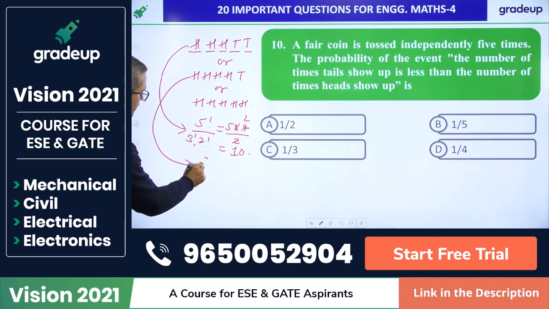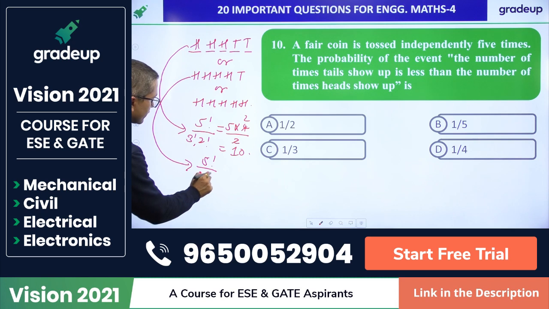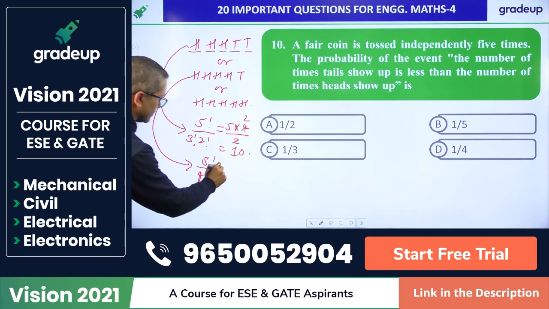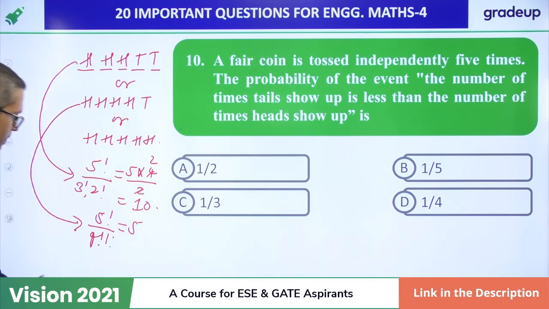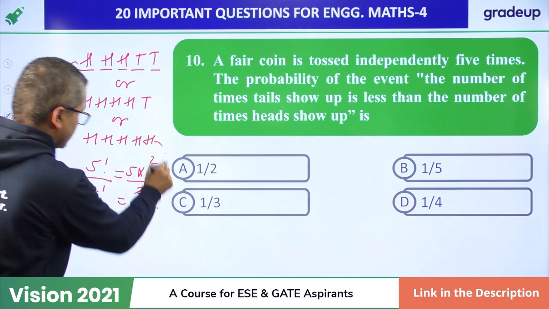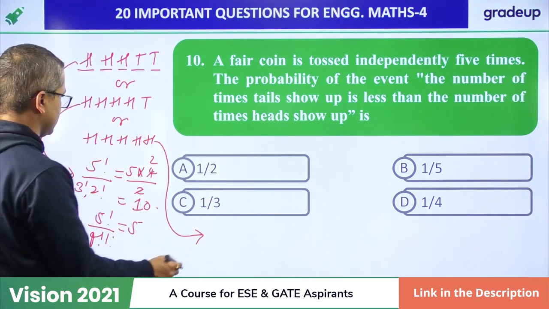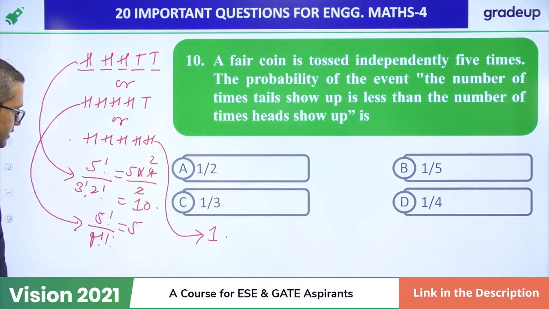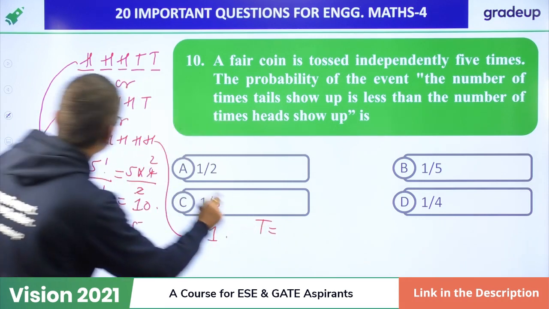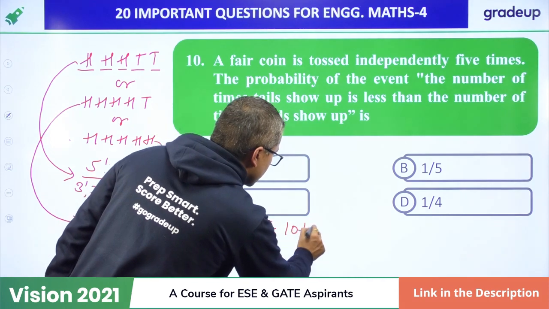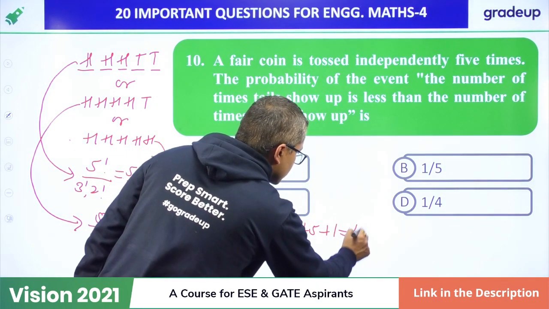Similarly for 4 heads and 1 tail, 5 factorial upon 4 factorial into 1 factorial, which is 5. For all heads there is just one way. So the total number of ways is 10 plus 5 plus 1, which equals 16.